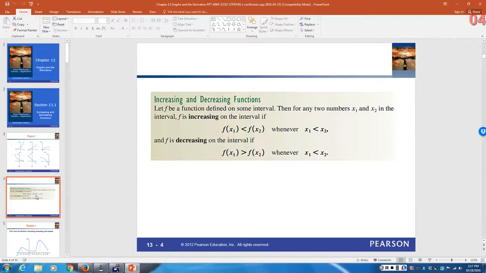Okay? That's just math language for what you just told me about graphs A, B, and C. And the same thing with the second line. If f is decreasing on the interval, if y1 is larger than y2, when x1 is still less than x2, or to the left of x2.